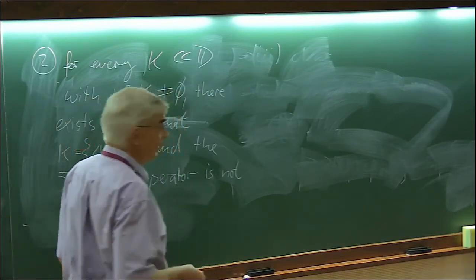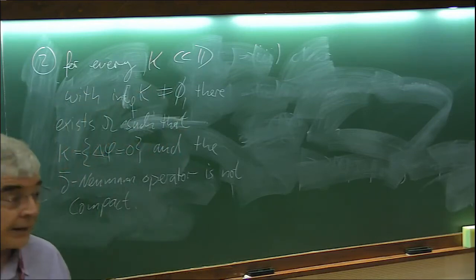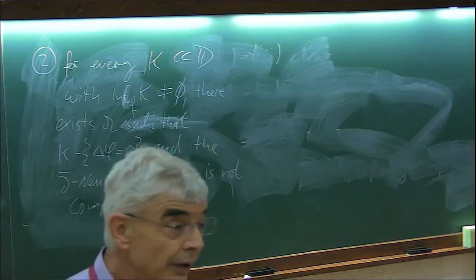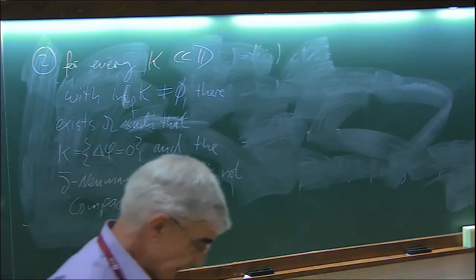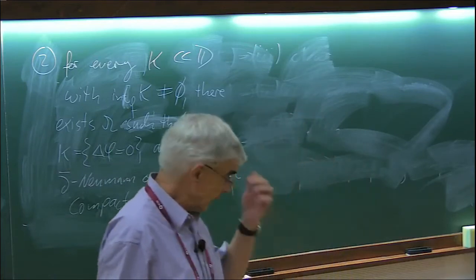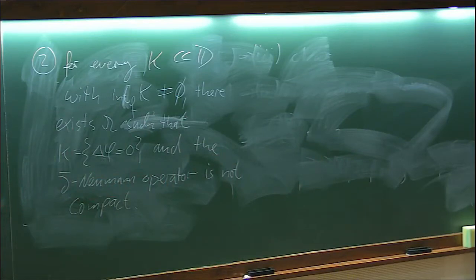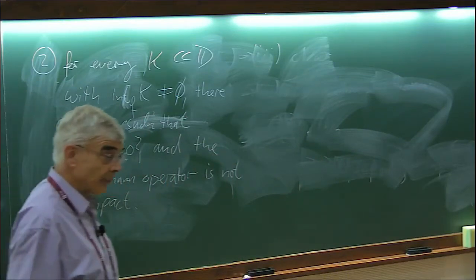So in particular this shows that failure of compactness for the Dbar-Neumann operator can happen without disks in the boundary. So there too, obstructions to compactness can be more subtle than disks in the boundary.